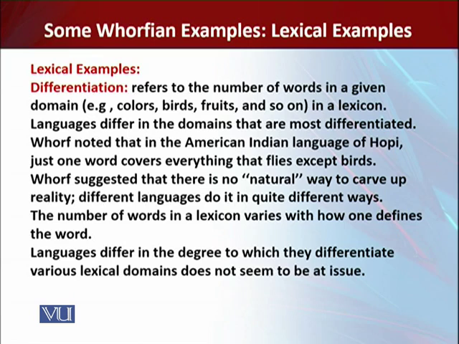According to Whorf, languages differ in the domains that are most differentiated. That is, all languages show a high degree of differentiation in some domains and low degrees in others. Now, the implication is that greater degrees of differentiation are related to culturally significant concepts.